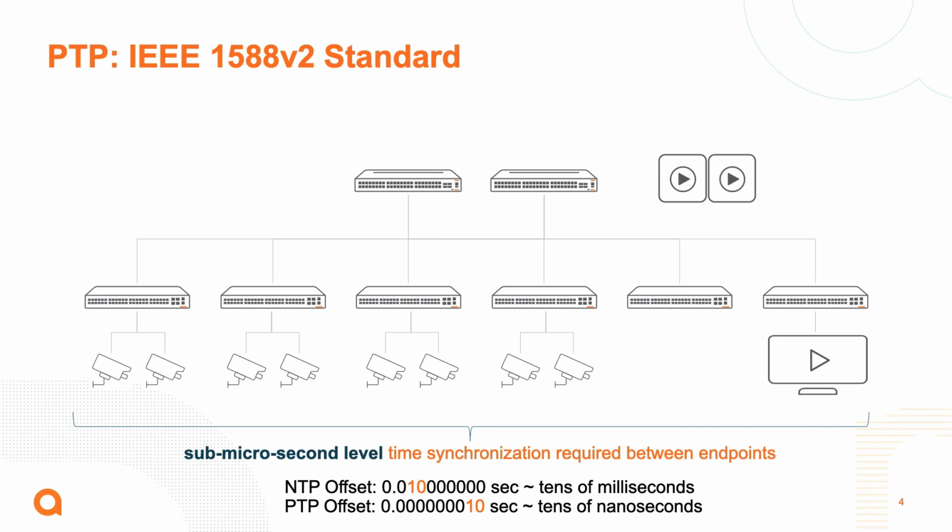So the offset will be the difference between the source and the sink clocks, and that is how PTP calculates it. This is the amount of correction that the clock will apply to itself, adjusting itself to be in sync with the source.